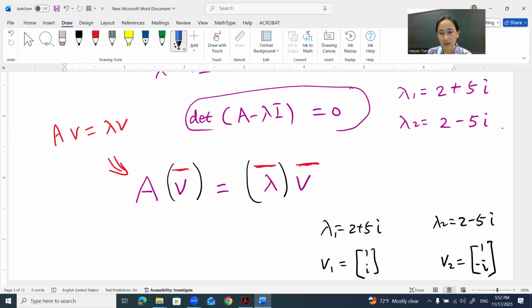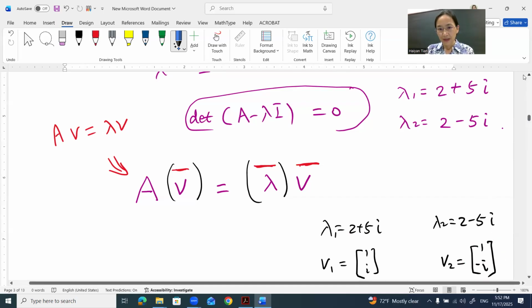Here lambda 1 has eigenvector (1, i), and the conjugate lambda 2 has eigenvector (1, negative i).